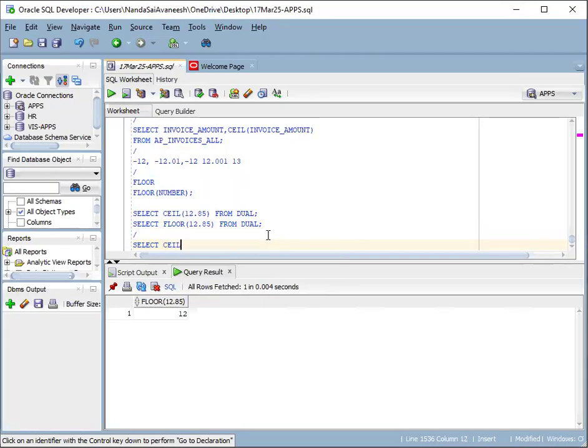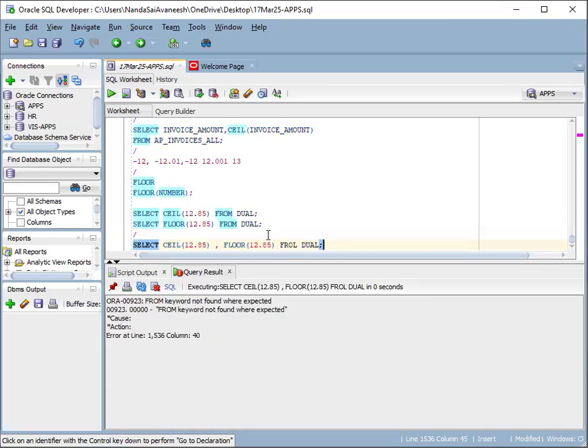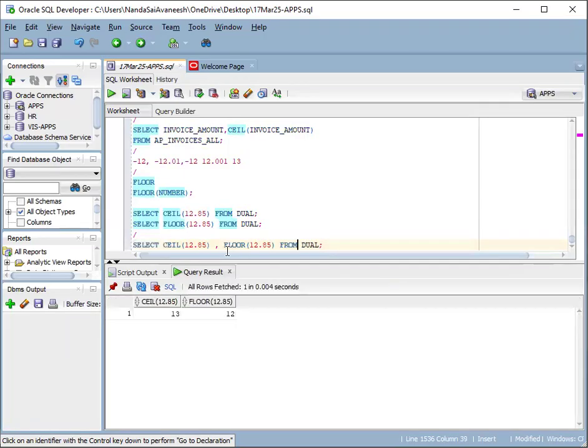Select the ceil of 12.85, comma, floor of 12.85 from dual. So ceil of 12.85 means the next highest value, which is 13.